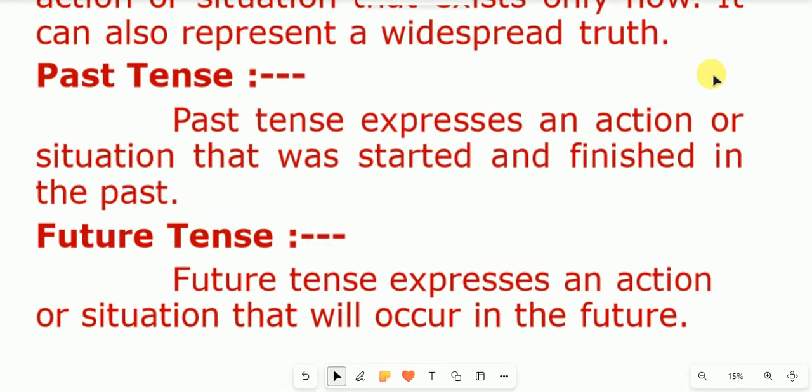A past tense expresses an action or situation that was started and finished in the past. So a past tense is something that occurred in the past, or it might have been repeated. Remember, I'm yet to break all these three key tenses that we know into a simple past tense, a present, past progressive tense, and so forth.